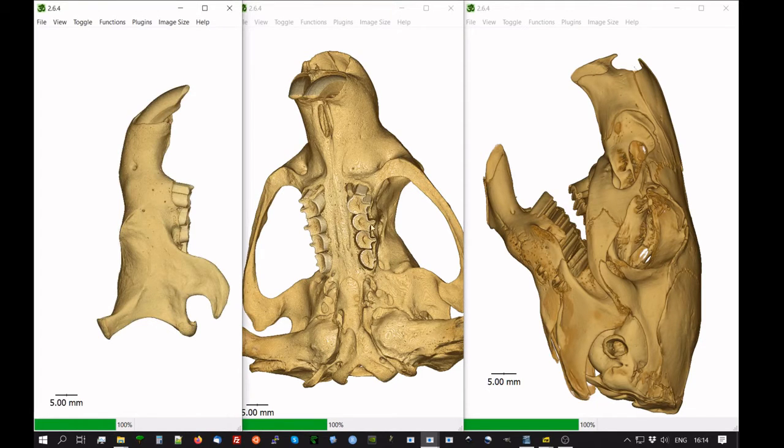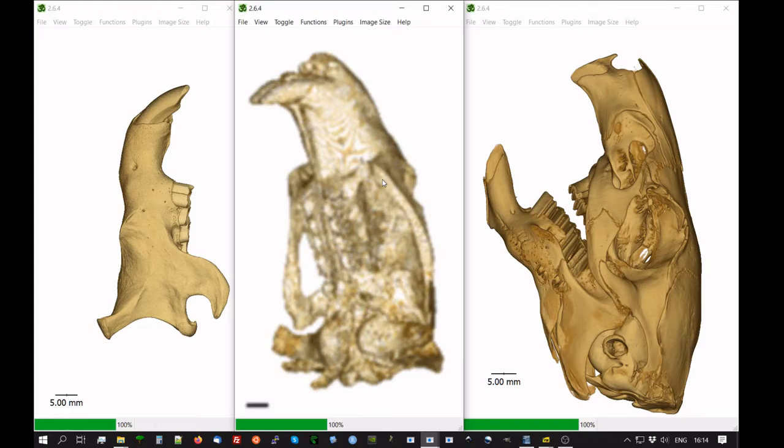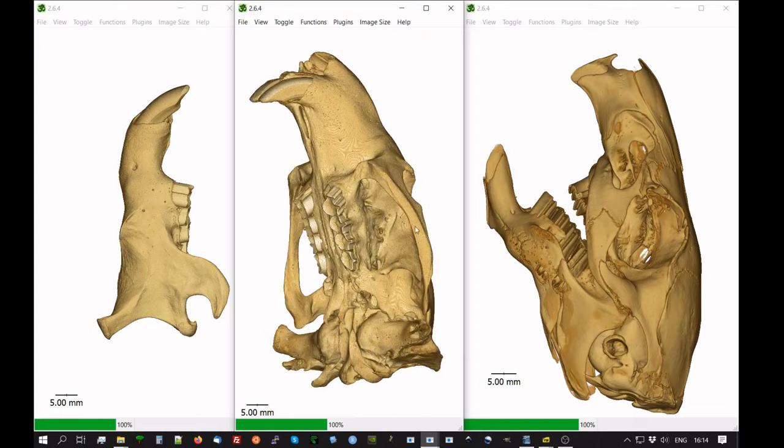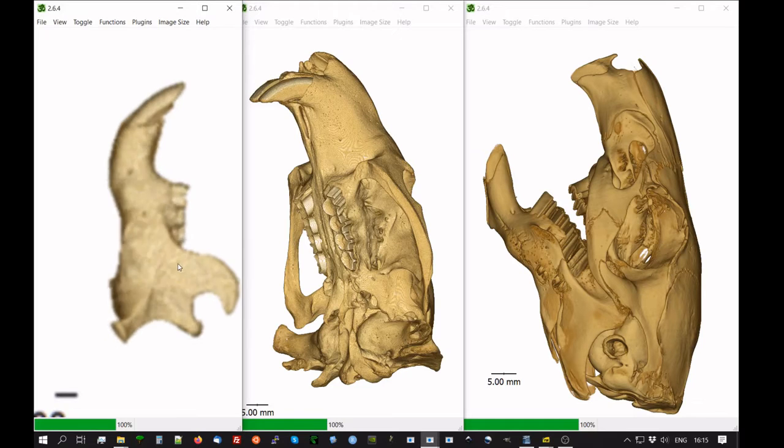Now the muscles to close the jaw are what you see in most mammals. You have a masseter muscle that originates along the zygomatic arch on either side, and that is going to insert primarily along the lateral aspect of the jaw, the dentary bone, in particular the coronoid process right there.